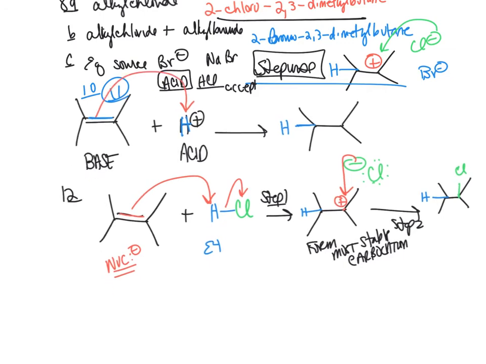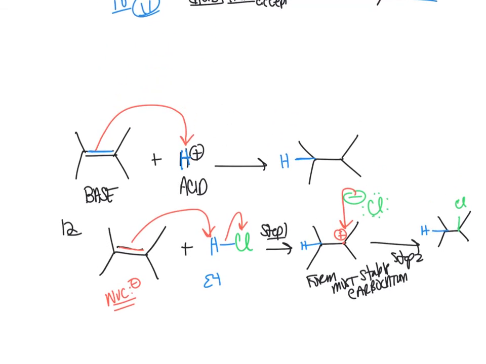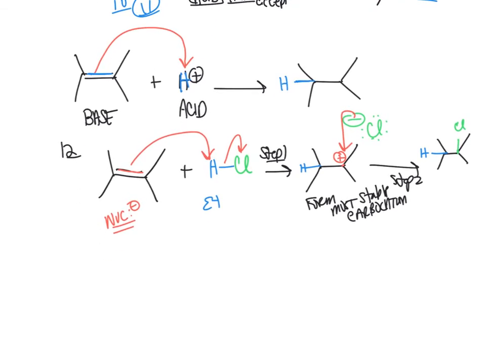Also on here we have the bromide. So what if we have bromide? Because you have a source of bromide with the sodium bromide. And then this would add. You already have your hydrogen that's added there. And that's how you get your bromide.